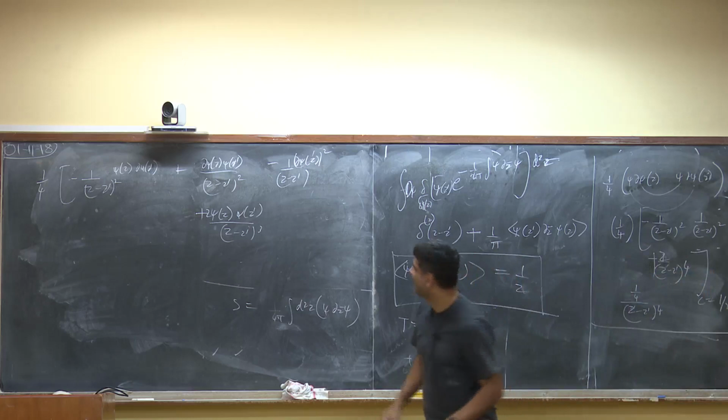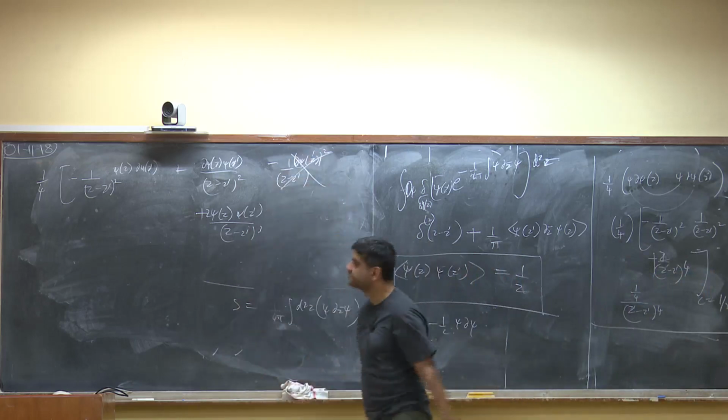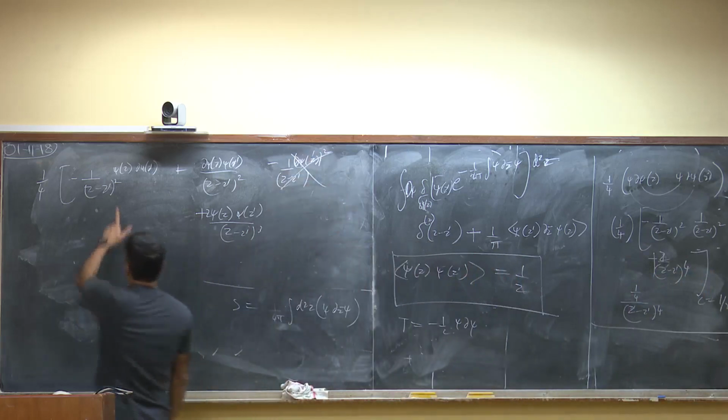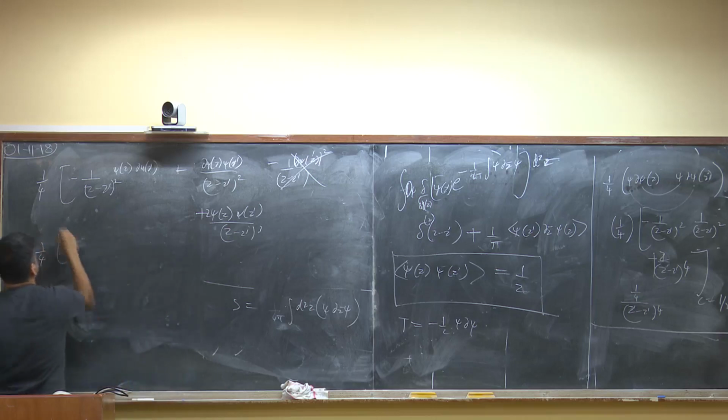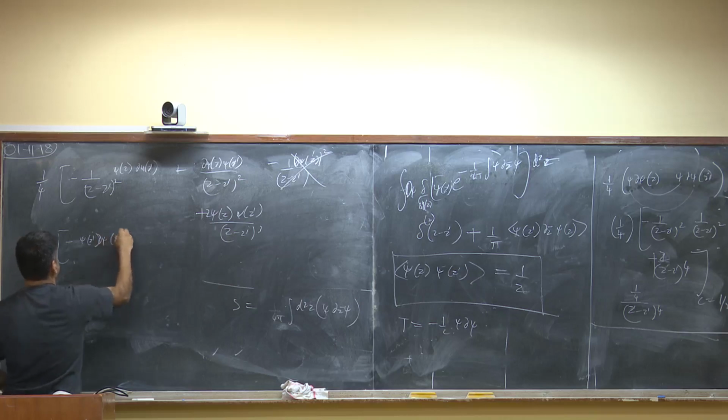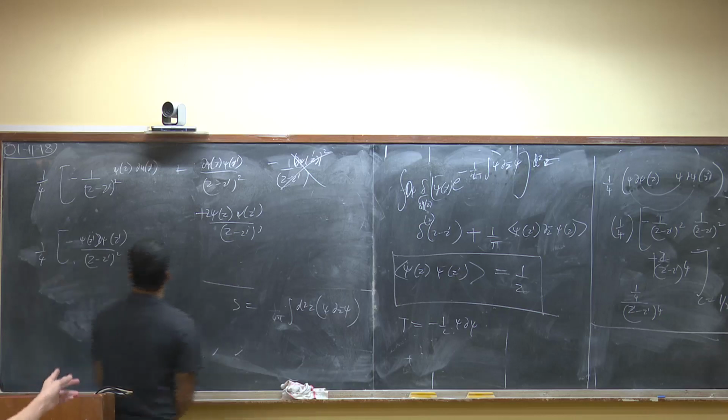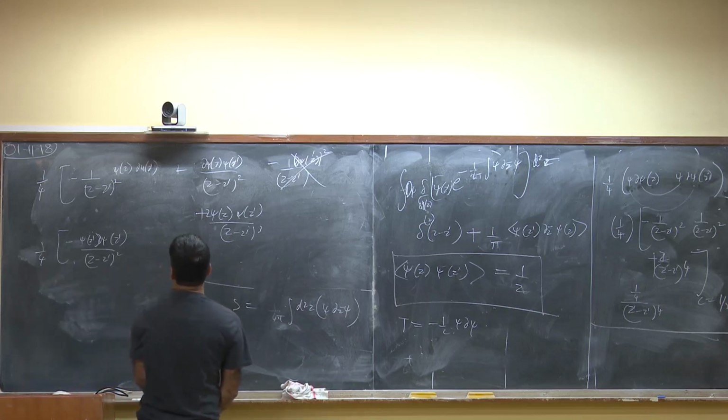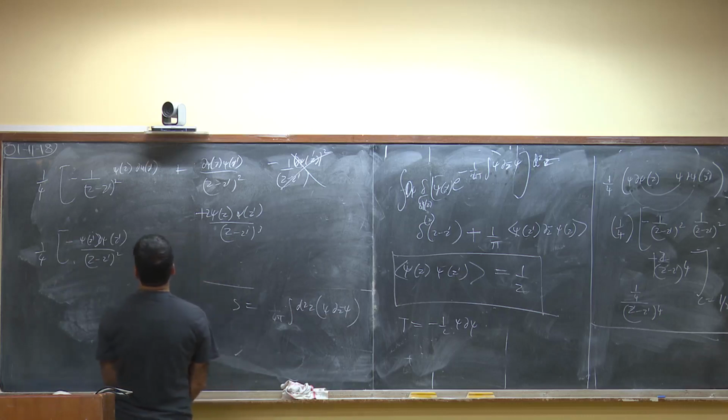Okay, this guy's gone. This guy is 1 by 4 into minus, well, the first term is psi of z prime del psi of z prime by z minus z prime. We get the same thing from the next one, just with different swaps, because we reverse the order.